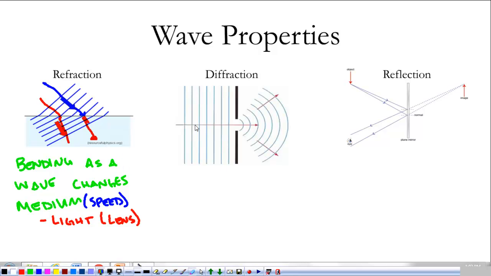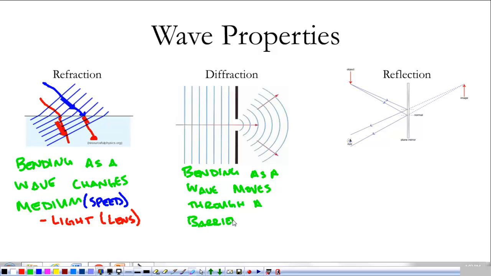So diffraction here is the bending of a wave as a wave moves through a barrier or around an object. Basically with diffraction, you have your waves moving in this direction, straight towards an opening.